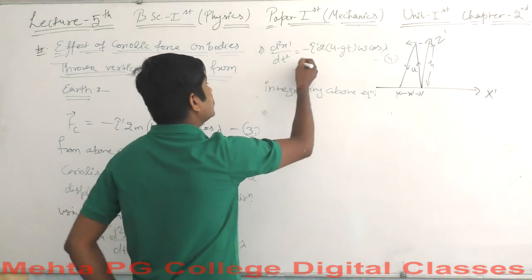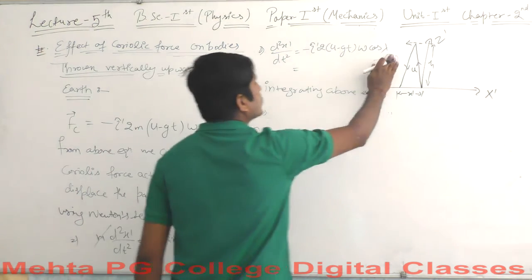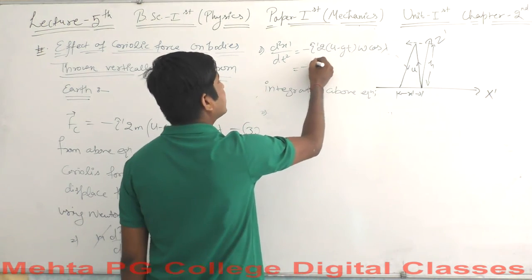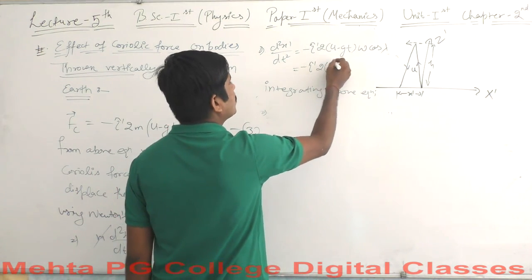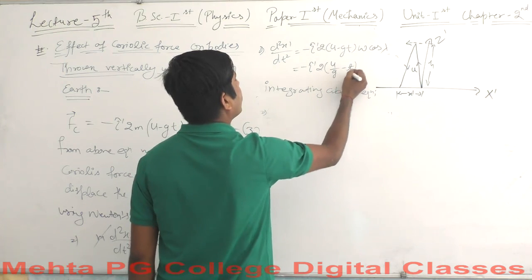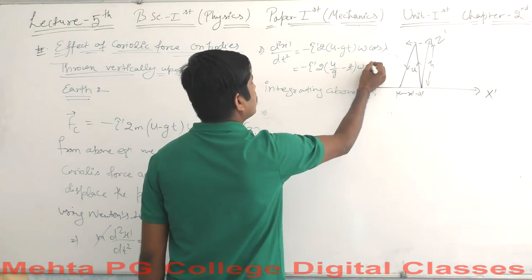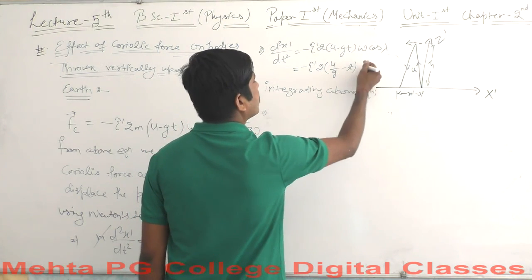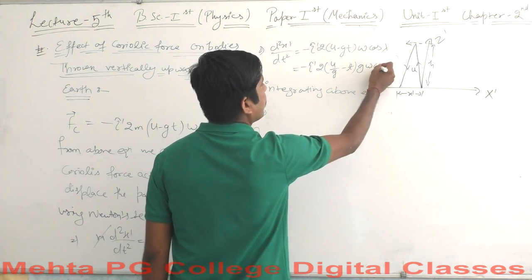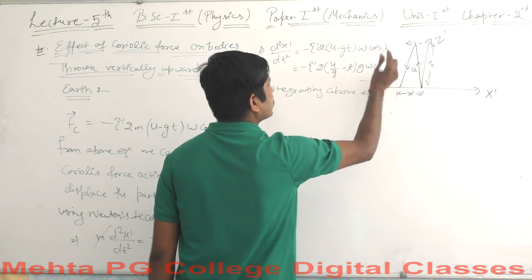Let's say you take this g out of this equation. So this equation will become: minus i dash cap 2 u minus g t, omega cos of lambda. Let's say this is equation 4 by now.